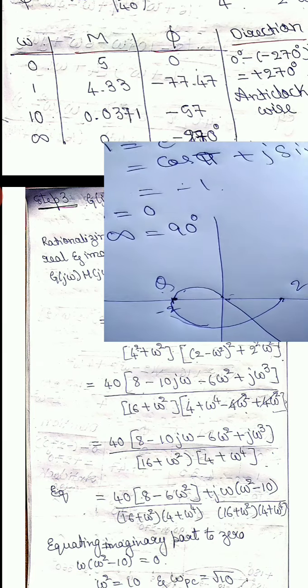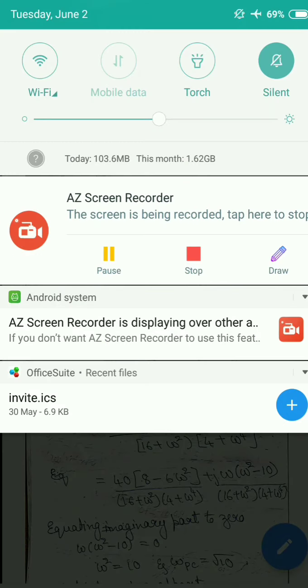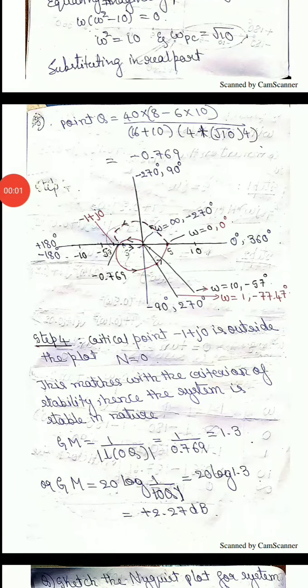Step 4, critical point. Minus 1 plus j0 is outside the plot, so N is equal to 0. This matches with the criterion of stability, hence the system is stable in nature. Gain margin is equal to 1 divided by the length of OQ.